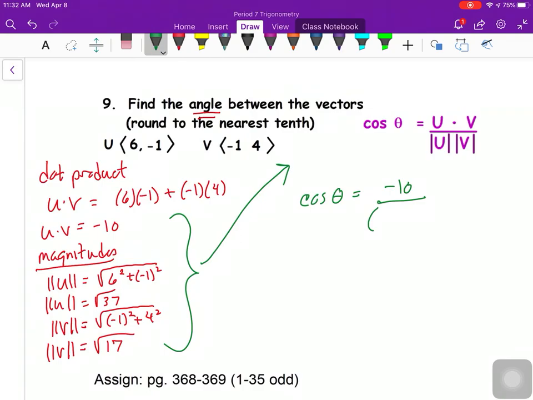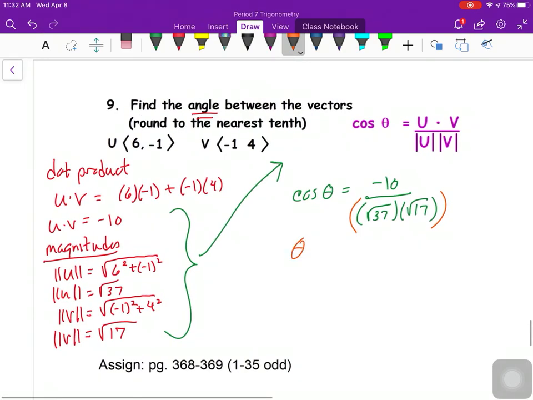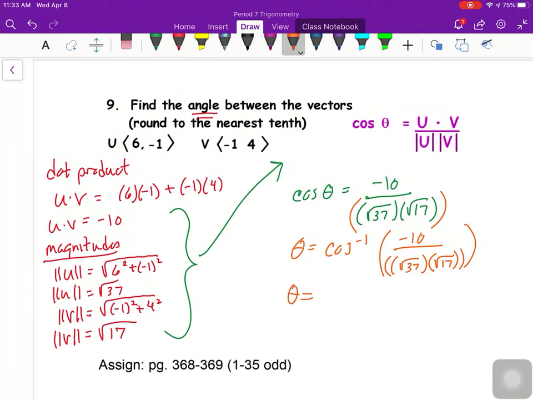And now we put it into this formula. So we take all of this information and we put it into this formula. The cosine of the angle between those vectors would be equal to negative 10 divided by square root of 37 times square root of 17. And keep in mind when we put this in the calculator, we'll need to put all of this bottom in a grouping symbol. So the angle between the two vectors would actually be the inverse cosine of negative 10 divided by square root of 37 times square root of 17.